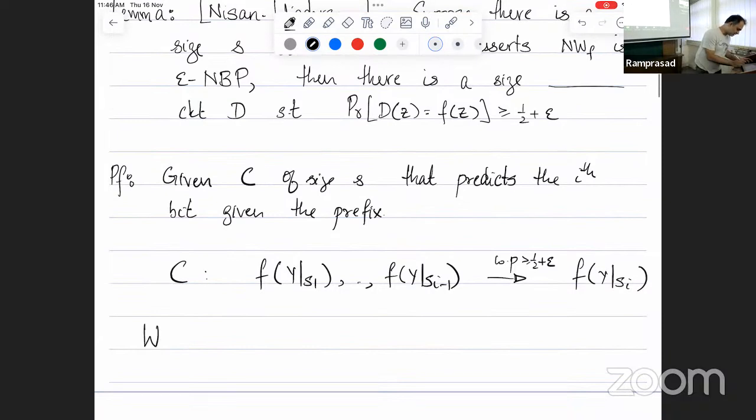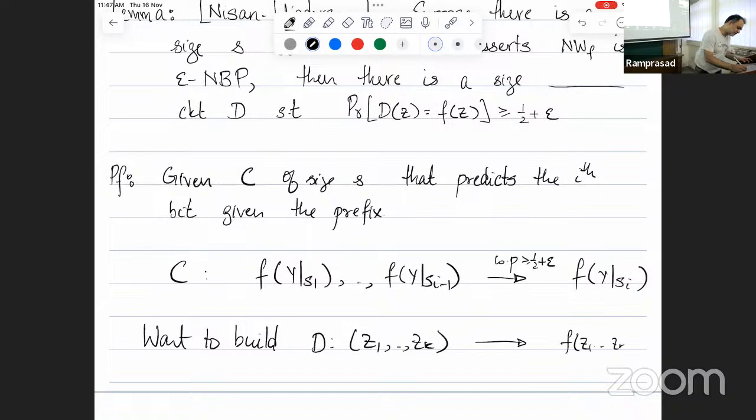So I want to construct D, which is now going to take Z1 through Zk as input. And I want to basically be able to output f of Z1 through Zk with probability at least, let's say, half plus epsilon. That's what I want to do.